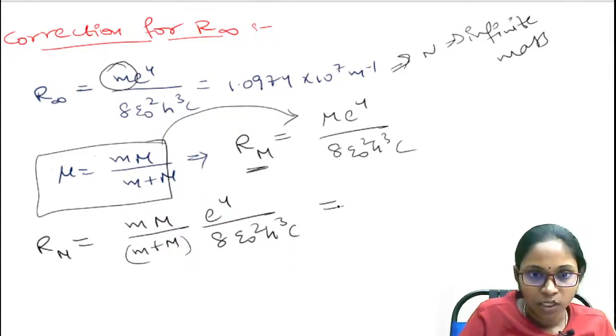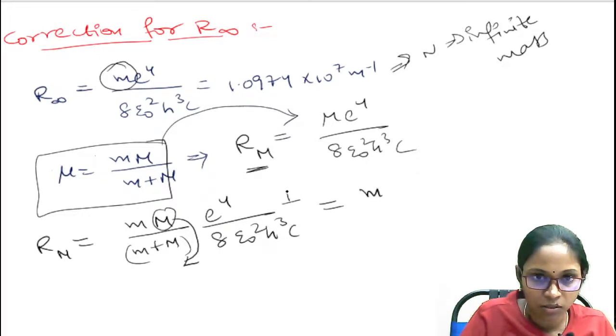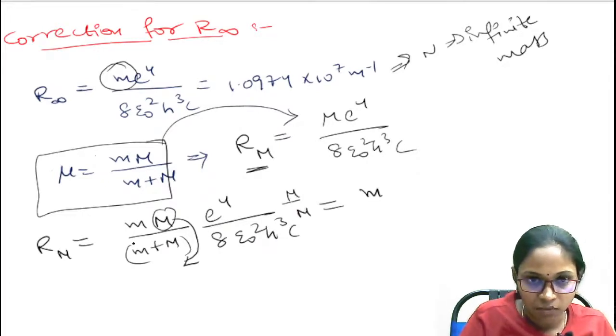Okay, now here I'm just writing m. I'm bringing this capital M towards denominator, or else you just divide numerator. You just multiply and divide the numerator with capital M.